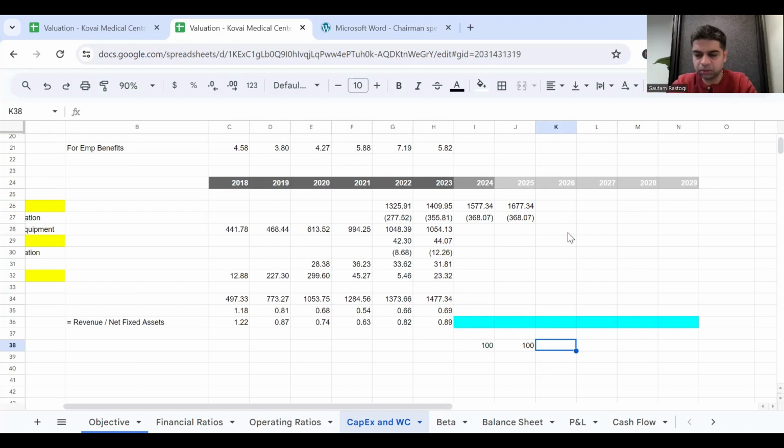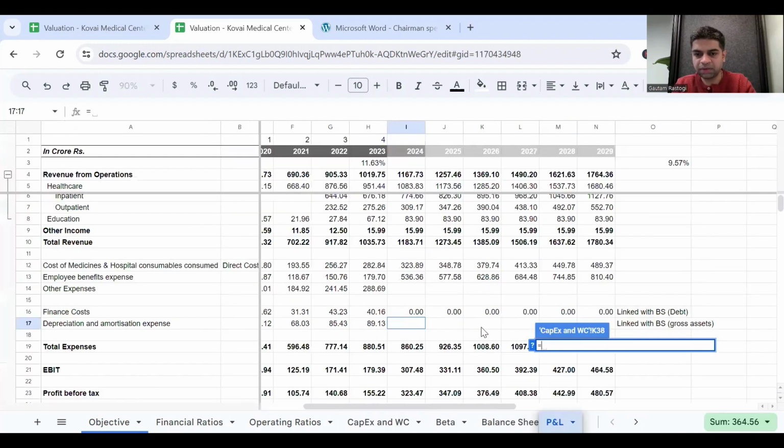For my modeling period, I think a good assumption is that once you're done with 200 CR worth of capex, capex for any future year would be equal to depreciation of the prior year. So my capex for year 2026 would be the depreciation of 2025.